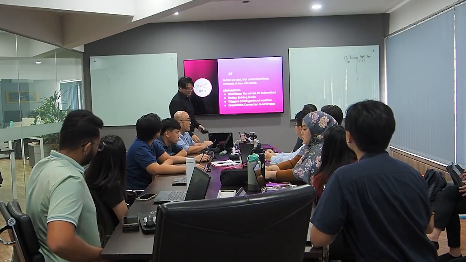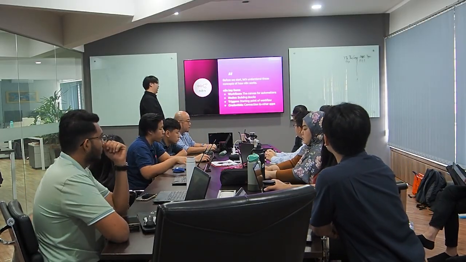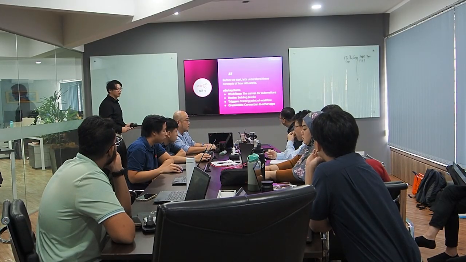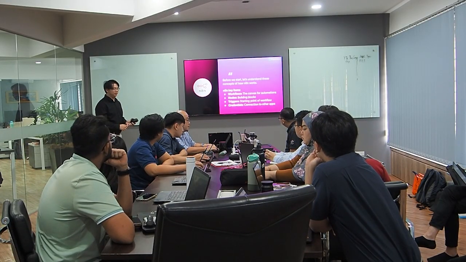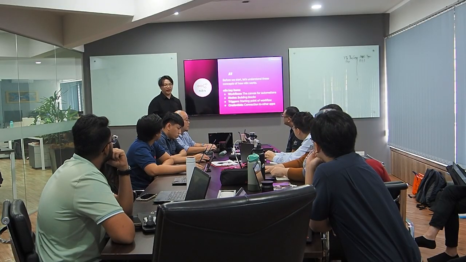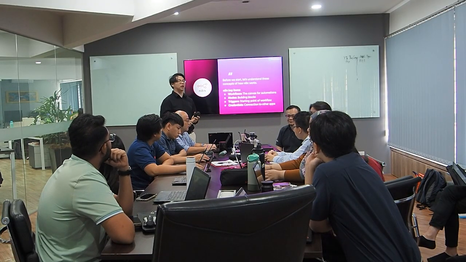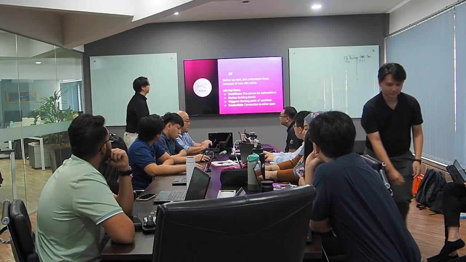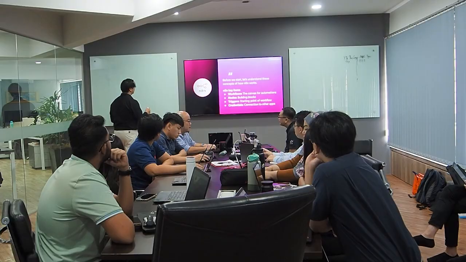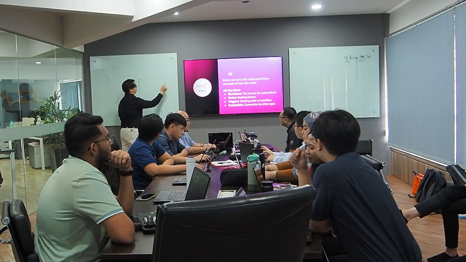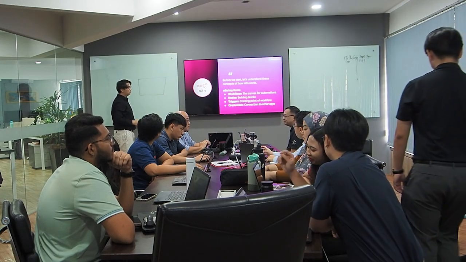So in N8N, you have the 4 key things, which are your workflow, your nodes, your triggers, and your credentials. How this works is that your credentials will come first, where you have to link certain applications to your workflow. We'll start with the workflow. The workflow is like your blank piece of paper.